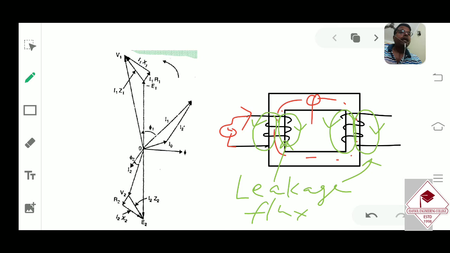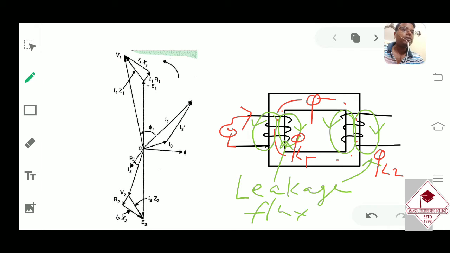The leakage flux for the primary winding we call phi L1, and here this flux is phi L2. Phi L1 and phi L2 both will induce some EMF in these windings.